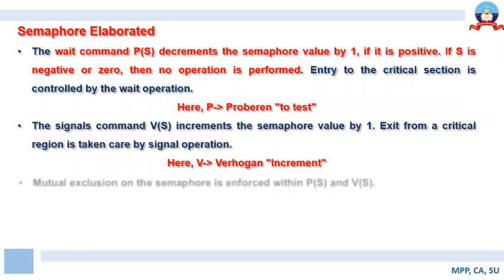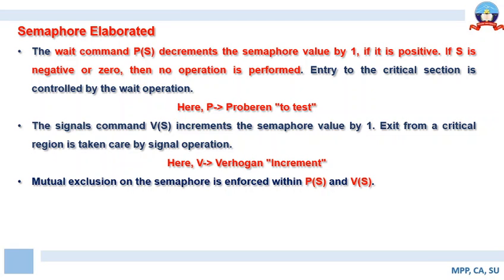Mutual exclusion of semaphore is enforced with the help of the two functions, P and V, or wait and signal. Wait and signal are used in order to synchronize the activities of various cooperating processes in the computer system. Wait decrements the value of the semaphore if it is positive; if it is negative, it does not perform any operation.